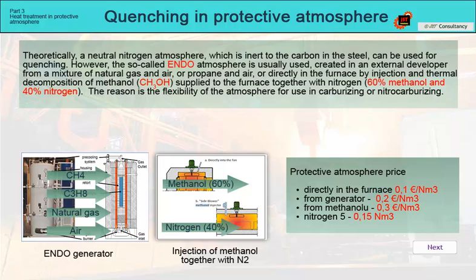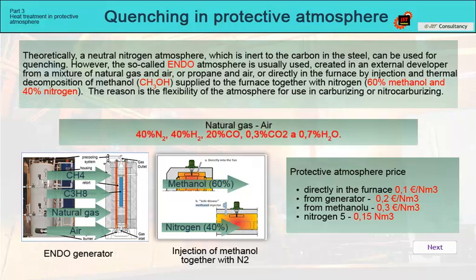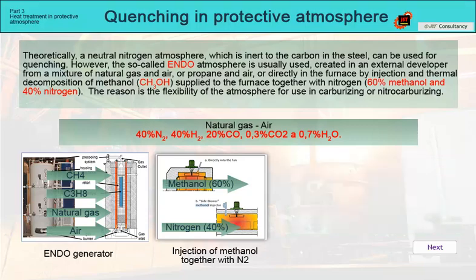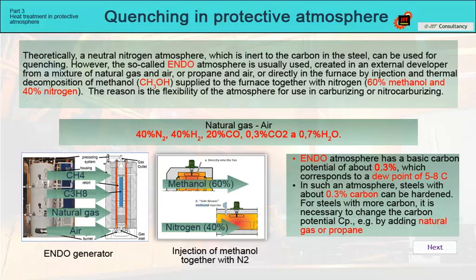If we want to increase the potential of this atmosphere, we add hydrocarbons. If we want to reduce it, then we allow air in. A typical endo atmosphere from natural gas contains approximately 40% nitrogen, 40% hydrogen, 20% carbon monoxide, 0.3% carbon dioxide, and 0.7% water vapor.